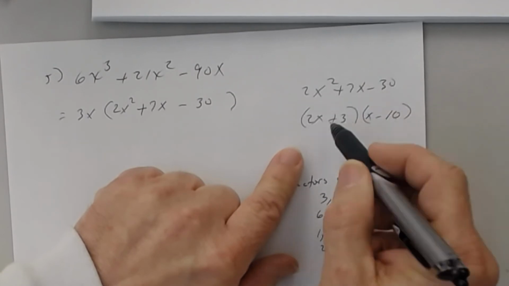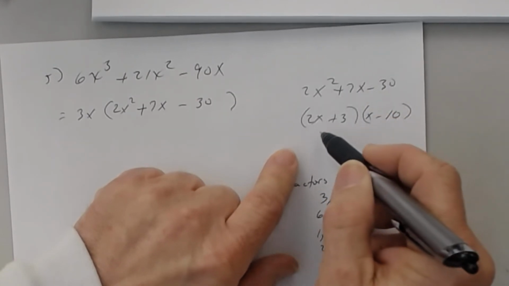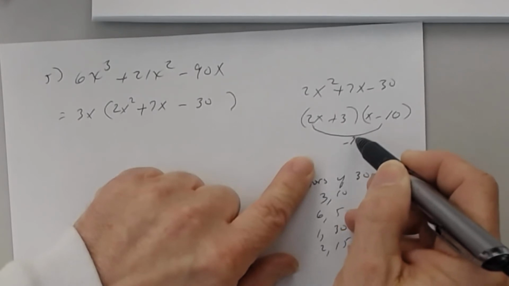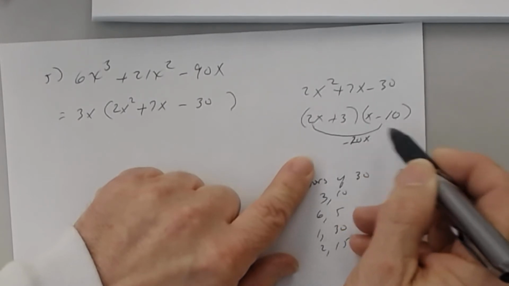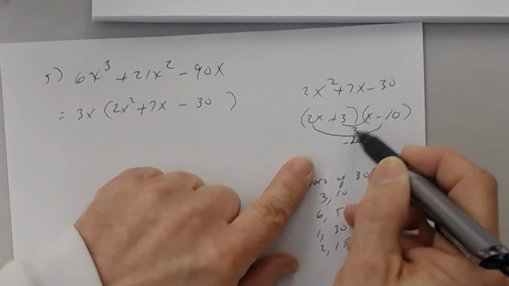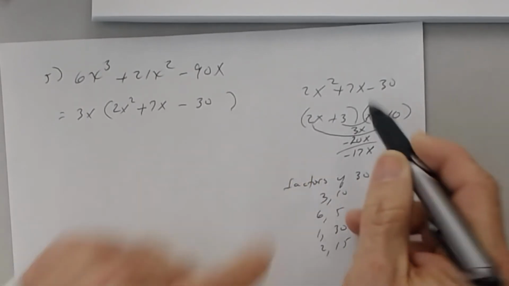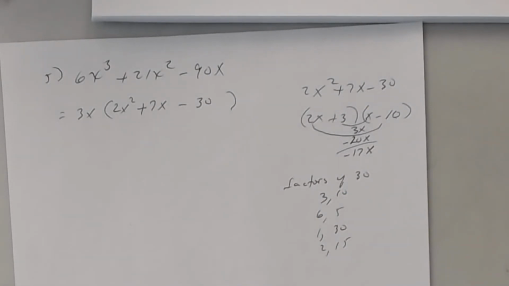The inner, the middle term. So let's do the outer. What's the outer? Negative 20x, okay. What's the inner? 3x. When I add them up, what do I get? Negative 17x. You're right. Yeah, but that's not what I wanted. And I know switching's not going to work. So that means that 3 and 10 is not the one I'm going to use.